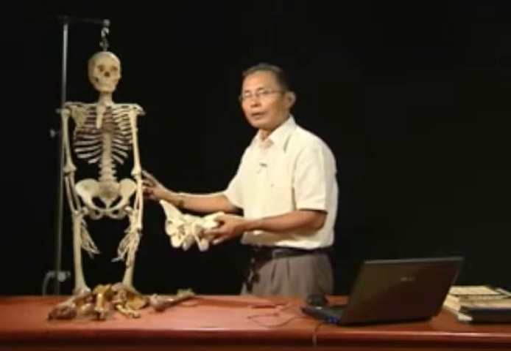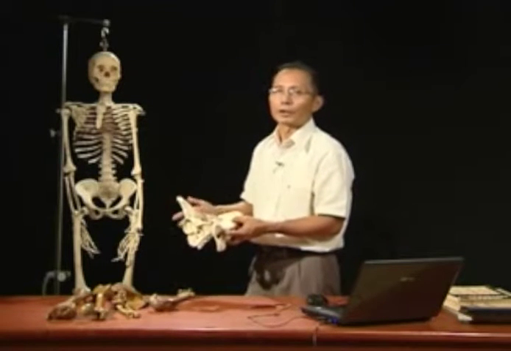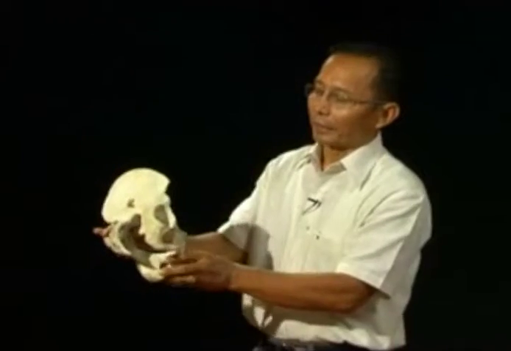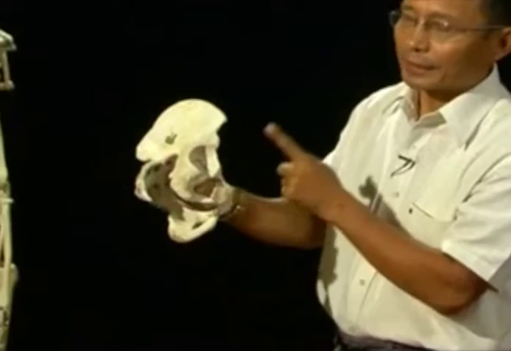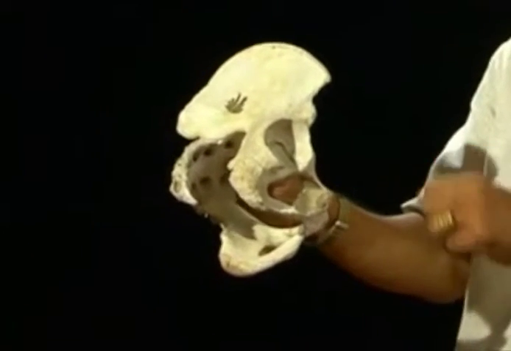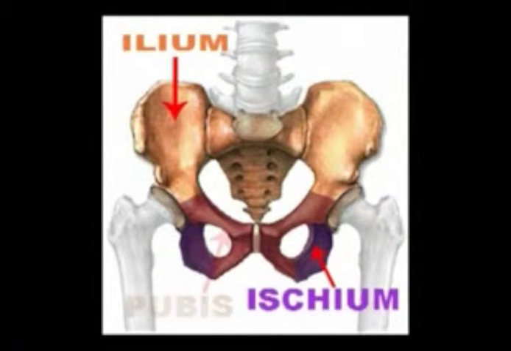It is a part of the appendicular skeleton, because it is a part of the lower limb, lower extremity. Its shape is irregular, so the type of bone is irregular bone. And this pelvic bone is formed by fusion of three different parts: ilium, ischium, and pubis.